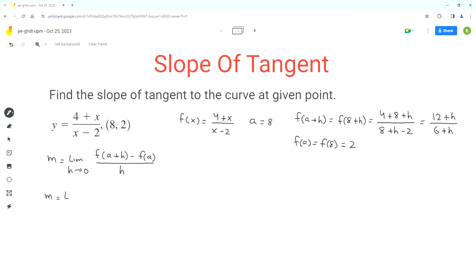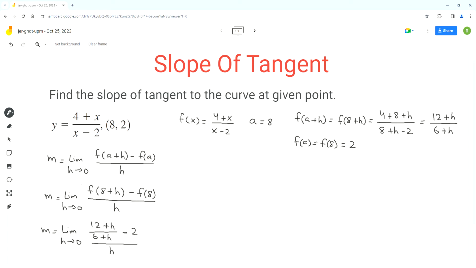So we get m equals limit as h approaches 0 of f(8 plus h) minus f(8) over h. Now we can sub in the expressions: the limit as h approaches 0 of ((12 plus h) over (6 plus h) minus 2) over h.